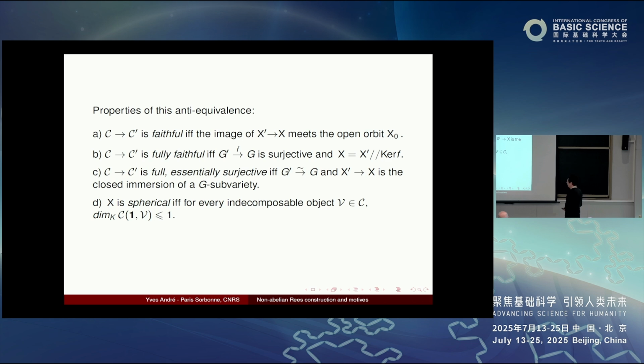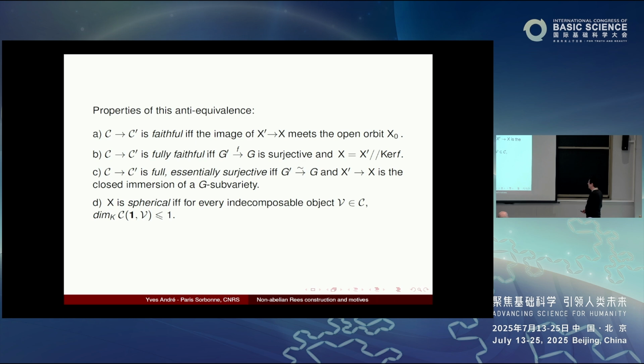One can also read when this functor is full and essentially surjective: this arises if and only if the two groups are isomorphic, and the map from X dash to X is a closed immersion of G-subvariety. And finally, I turn back to my spherical varieties.